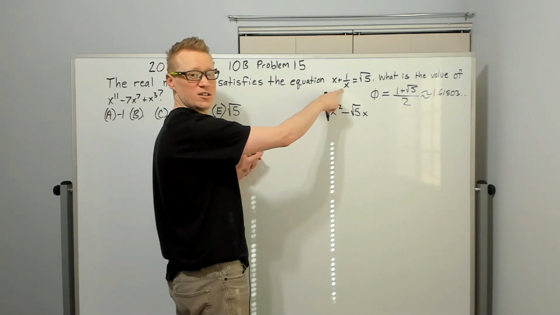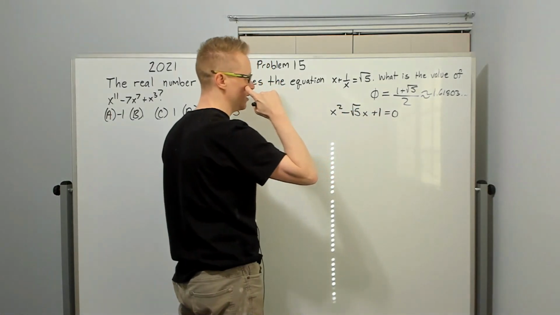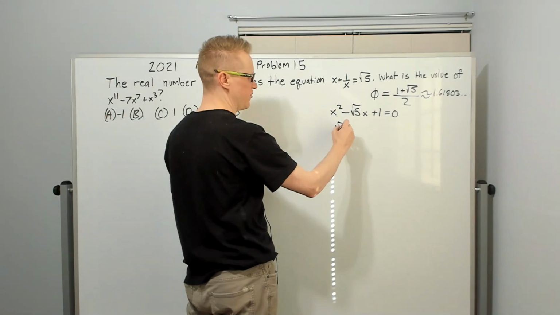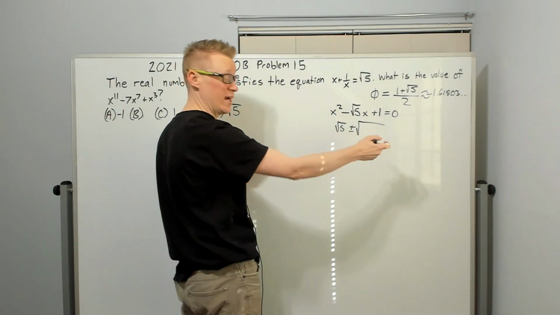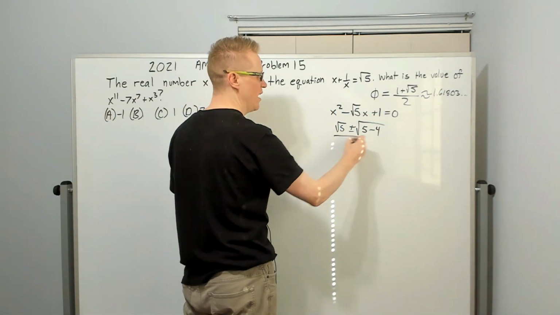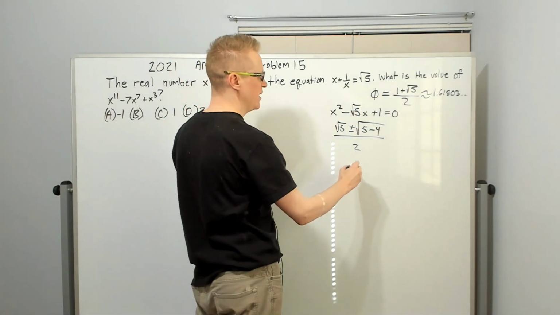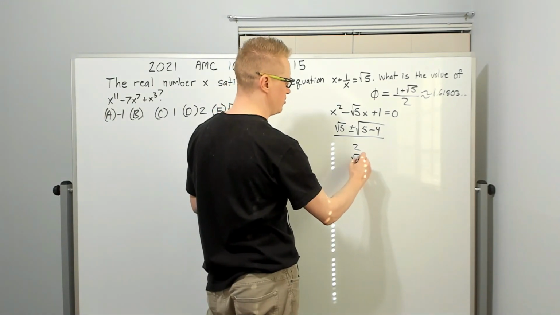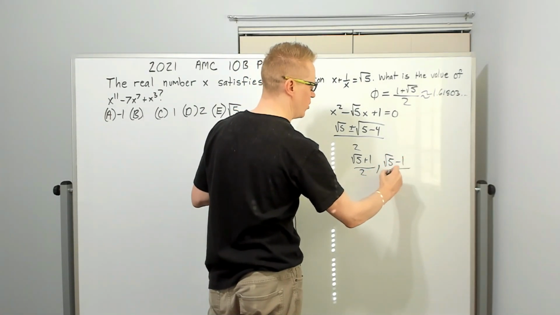This no longer has an x on it because we multiplied by x, so it's plus 1 equals 0. We'll just do quadratic formula. So negative b is root 5 plus or minus the square root of b squared, that's 5, minus 4 times a times c, which is 1, all over 2. Sure enough, one of them is the golden ratio. So you've got root 5 plus 1 over 2. You also have root 5 minus 1 over 2.